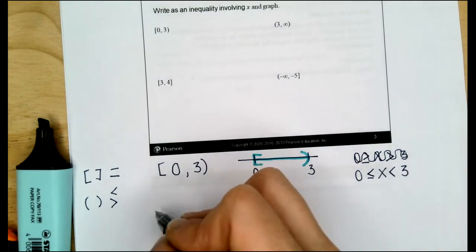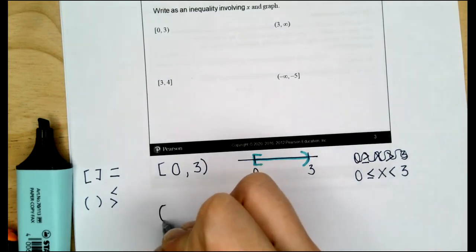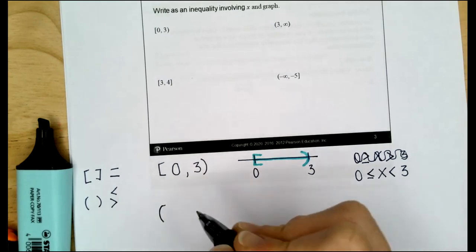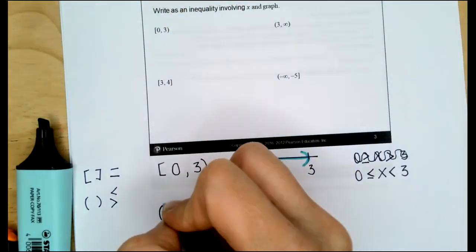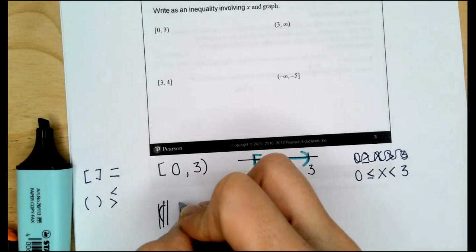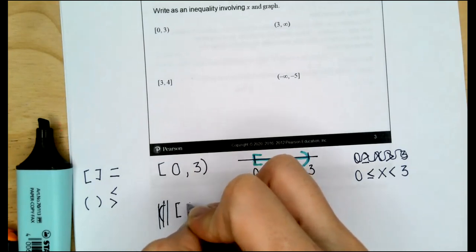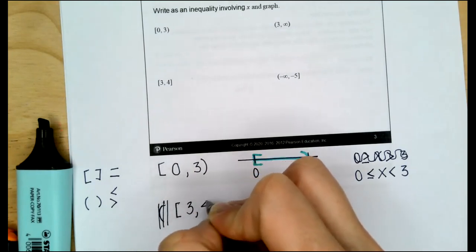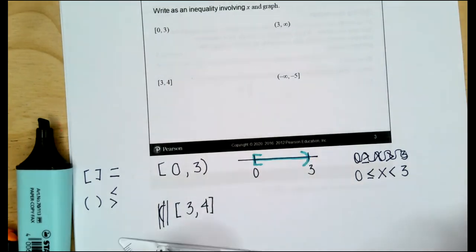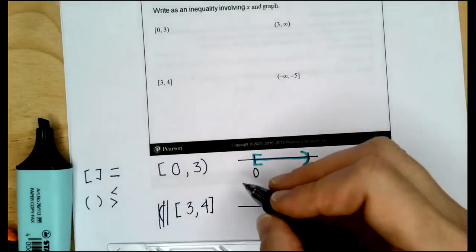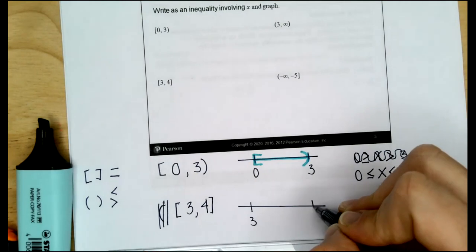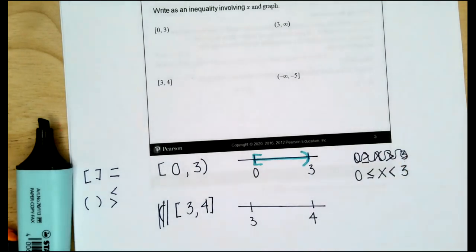Good. Next one. I feel like I'm going down this way this lesson, right? I already committed to it. Bracket 3, 4. Also a bracket. So I need the numbers 3 and 4. Pretty easy to graph, right?